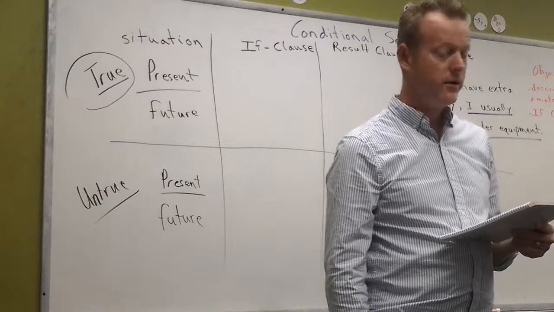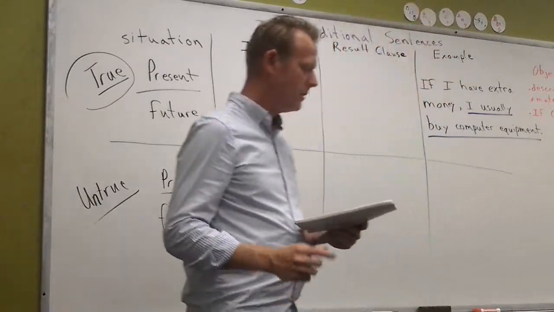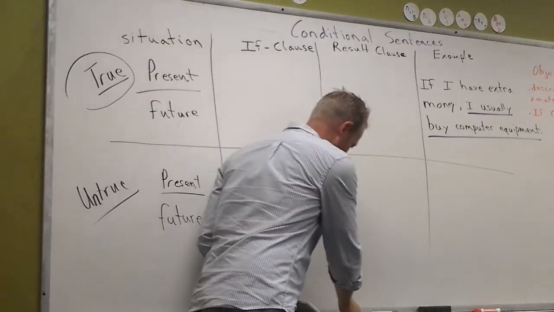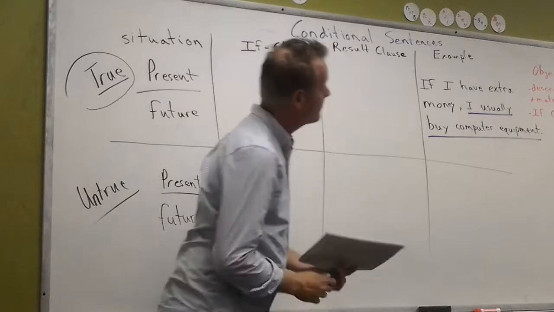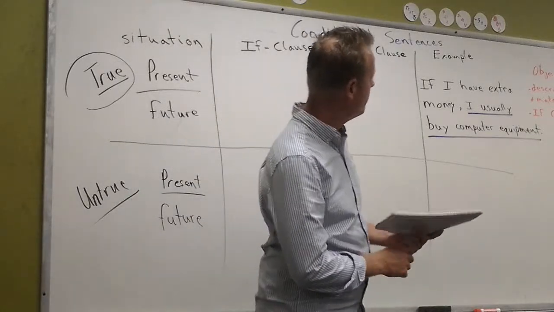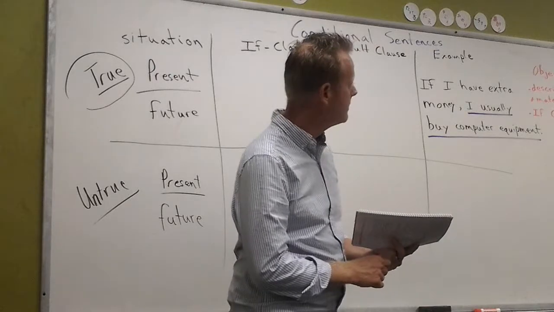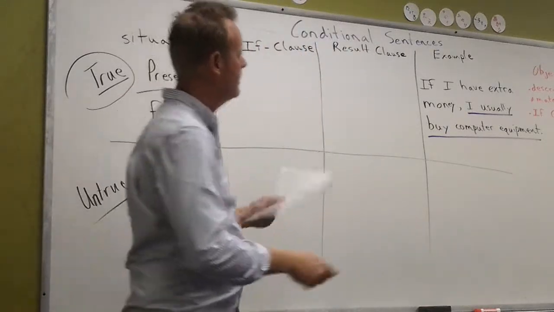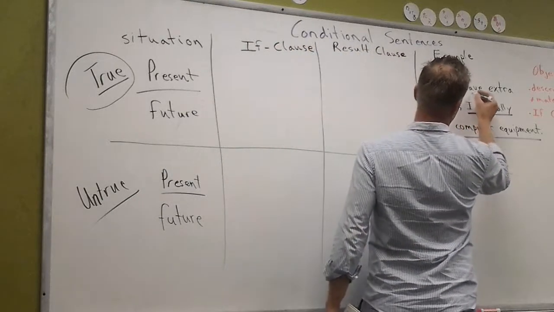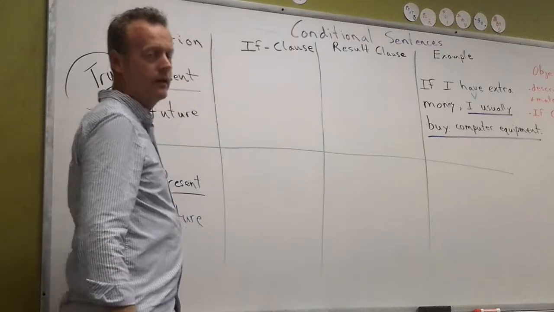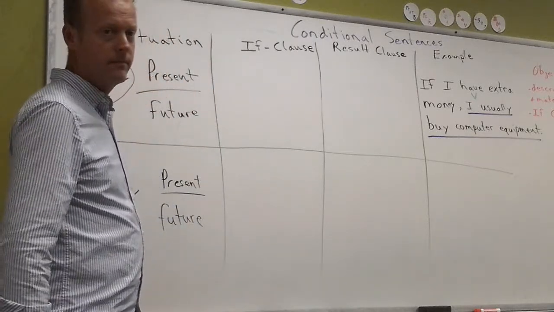Nice. So now that you have the sentences in front of you, let's look at the little chart, okay? Yusuf, in this one, where is the verb in the if clause? I have. Yes, you got have, right? Is that the only verb? Is I a verb? Nope.